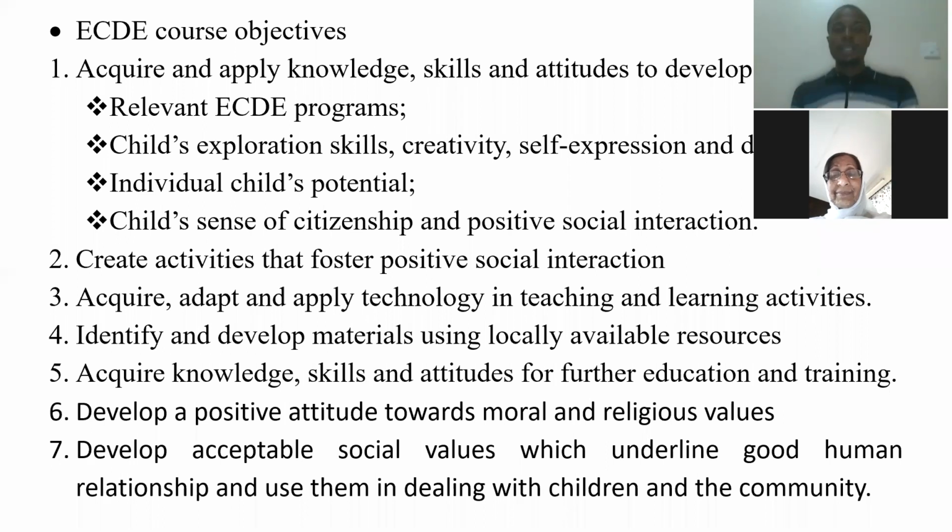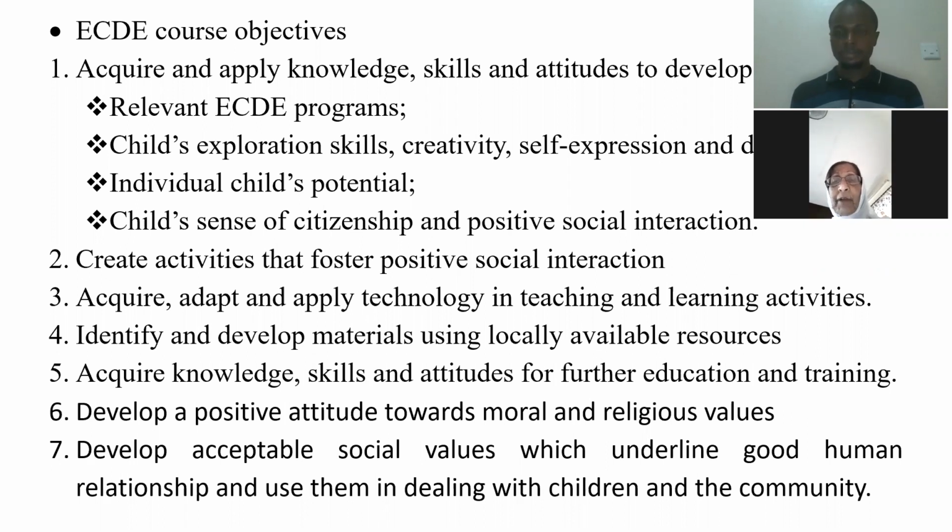Number 5: acquire knowledge, skills, and attitudes for further education and training. Acquire knowledge and skills means we have to go further, learn more, and teach and train them, not just from books.